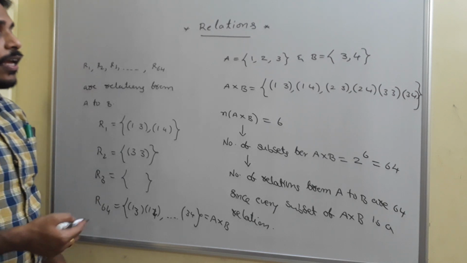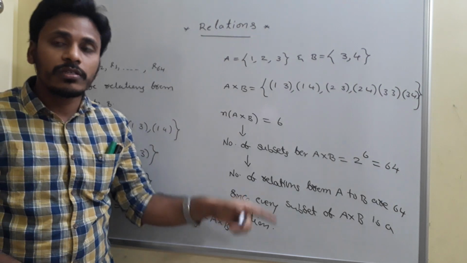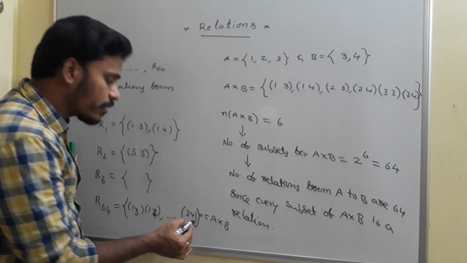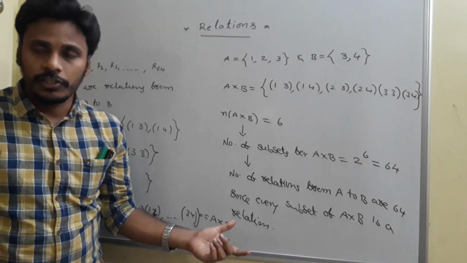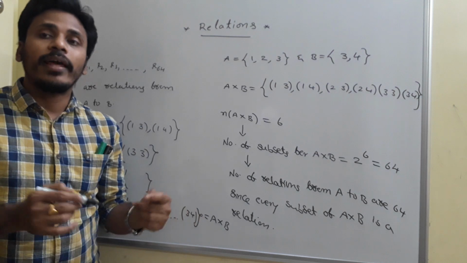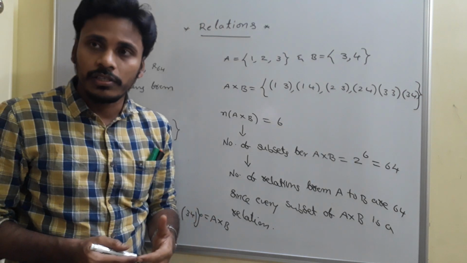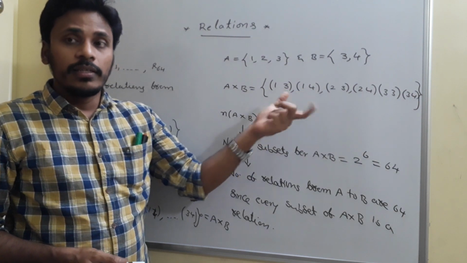So among those 64 subsets, the set containing all the elements of A cross B is again a subset, and this R64 is again a relation. Is it clear? So there exist 64 relations, which you form by taking a few elements of this set.